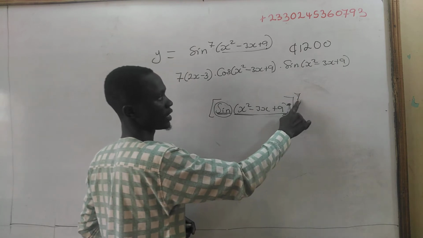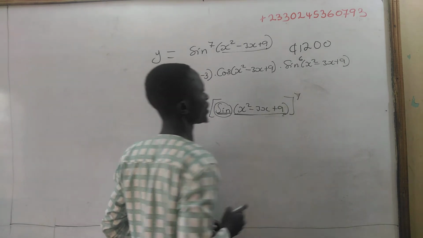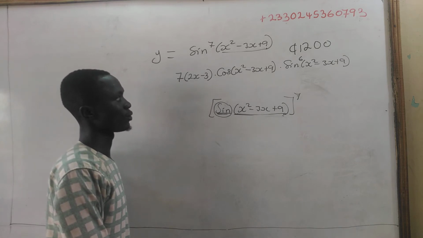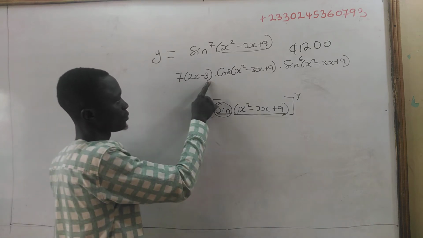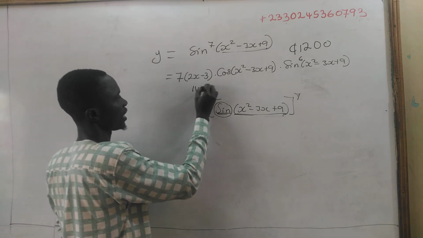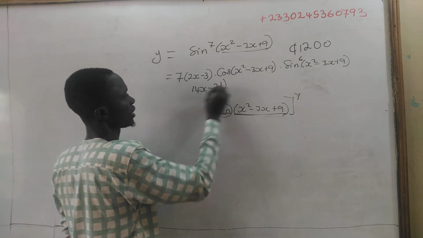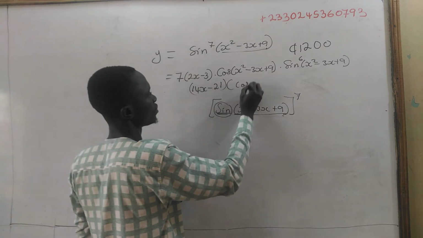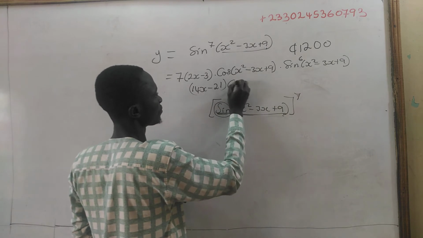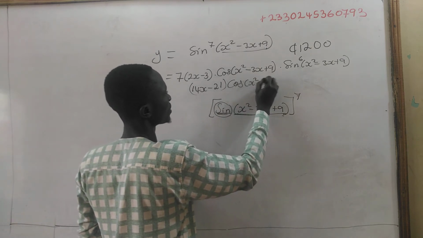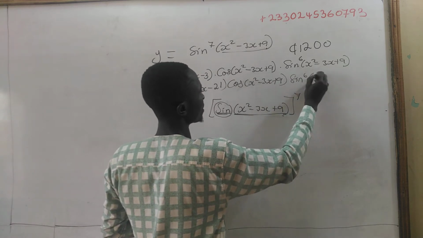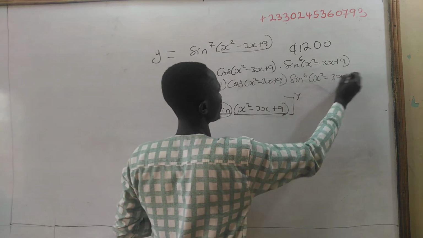Then we take 1 from the power, so we write power 6. Very simple as that. If you want to simplify it further, you multiply 2 by 7, you have 14x minus 21 times cosine of x squared minus 3x plus 9 times sine to the power 6 of x squared minus 3x plus 9.